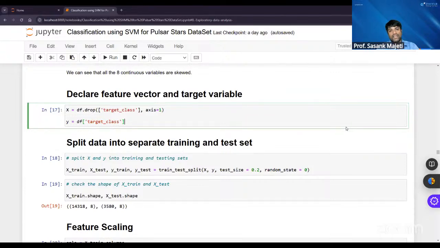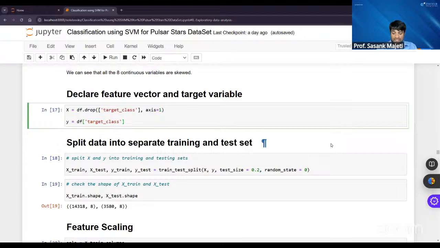So except the target class, you need each and every column inside the X. And in the y variable, you need only the target class, which is the dependent variable or the target variable.